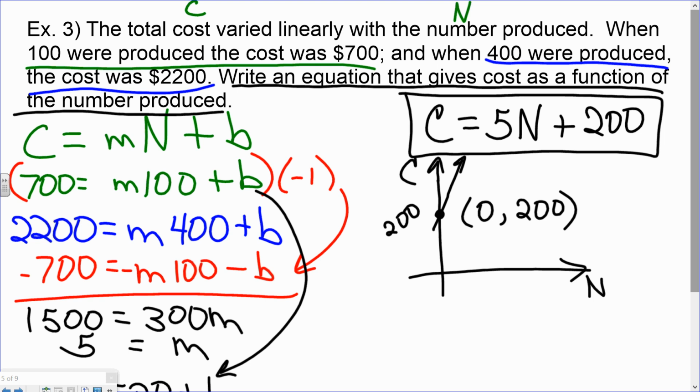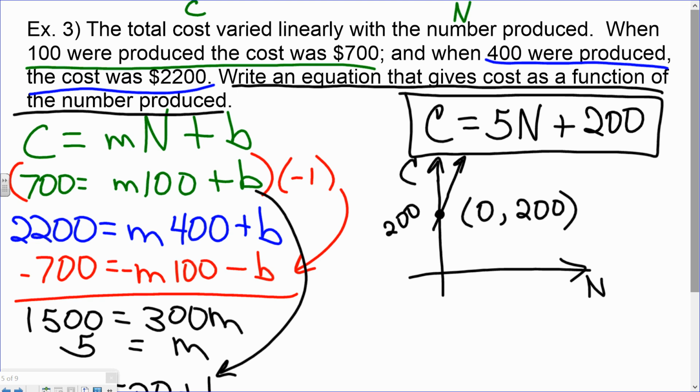How can that happen? How can I not make anything? Why would I have a cost of 200 if I haven't even made anything yet? Eden? Maybe to like buy supplies to make this stuff. Maybe to buy supplies. So maybe I'm just going to, I don't know, make some jewelry at home or something. And maybe I need the right kinds of tools and beads and silver and whatever. I'm probably not going to pay them until they start making something. Maybe I do. Maybe I need to pay some to get a factory set up. What else might I have to pay for?